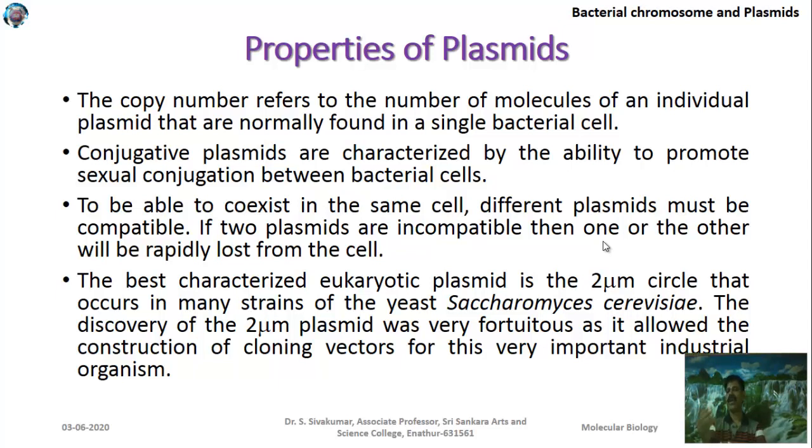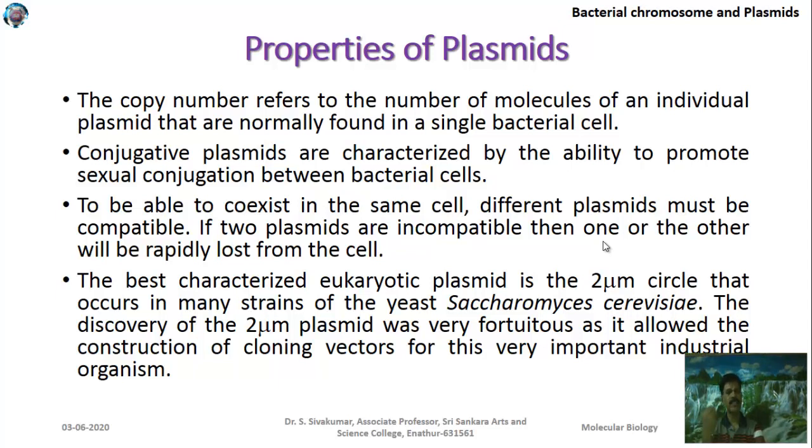I hope you know that; I already told you that. For example, the origin of replication is one example. If any plasmid wants to survive in E. coli, then at minimum it should have an origin of replication which is recognized by the E. coli DNA polymerase. Then only can the plasmid survive. So like that, the compatibility of a plasmid also plays a vital role as a property of a plasmid.